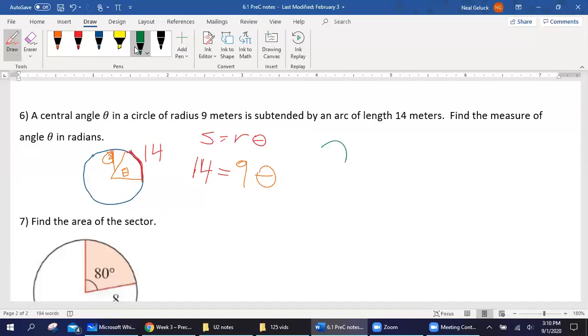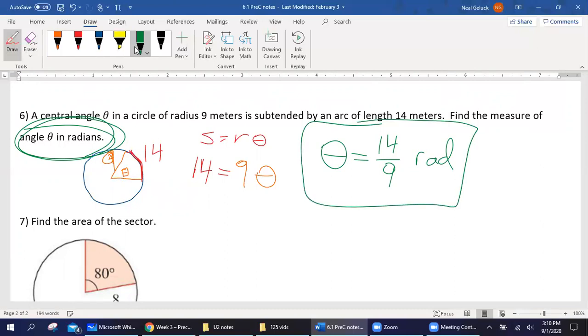And I get that theta is 14 over 9. Now, that sounds weird because every time we've mentioned an angle that's in radians, we've had pi in there. It doesn't have to be, though. This is still a radian measure. Pi is just a convenient number for radians, but it's not that every angle has to have pi in it if it's in radians.